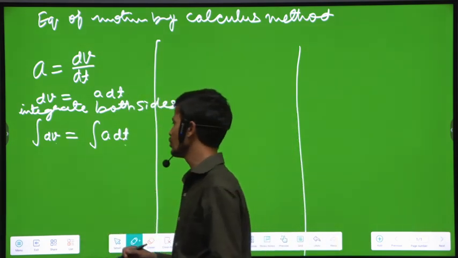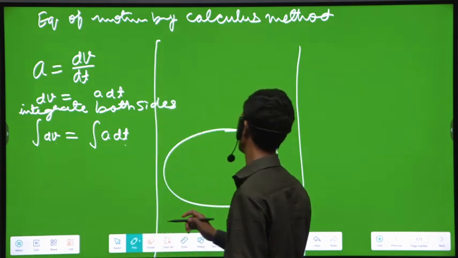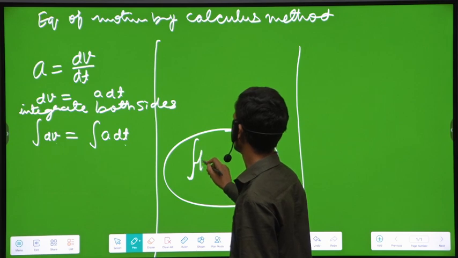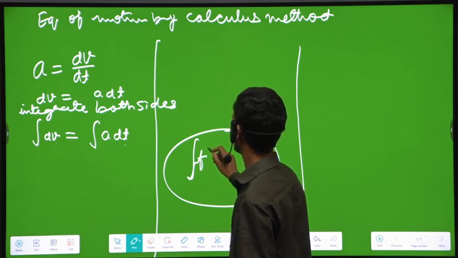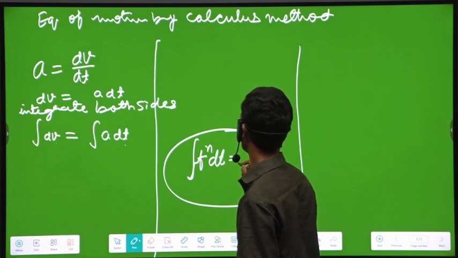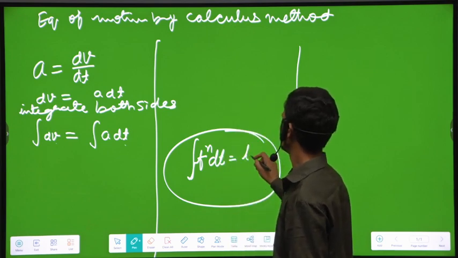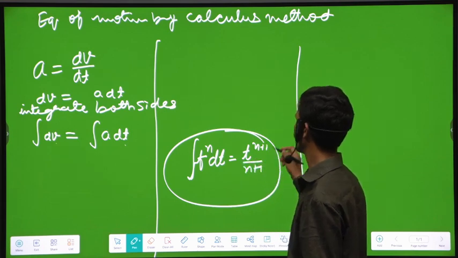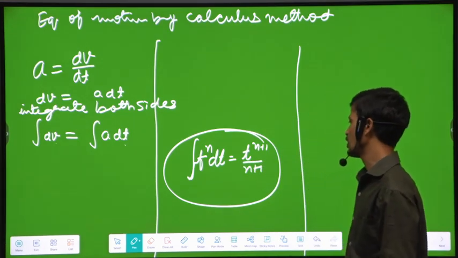Let me remind you, I've already told you about this formula, integration of t to the power n dt is equal to t to the power n plus 1 by n plus 1, with of course some constant of integration.